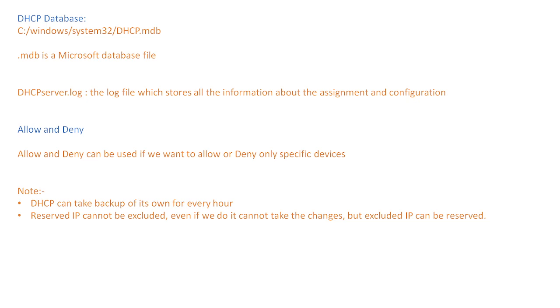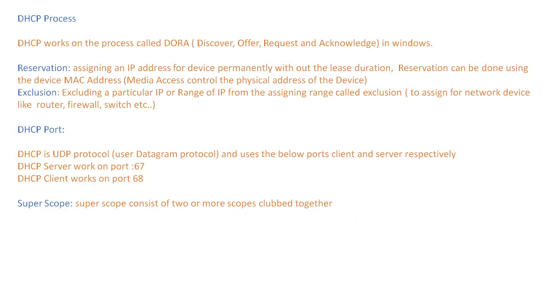The DHCP database is stored in the path c:\windows\system32\dhcp\dhcp.mdb. This is the path where the DHCP database file is stored. Even the log file is stored in the same path, with the file name DHCP server.log. That's about the DHCP database.